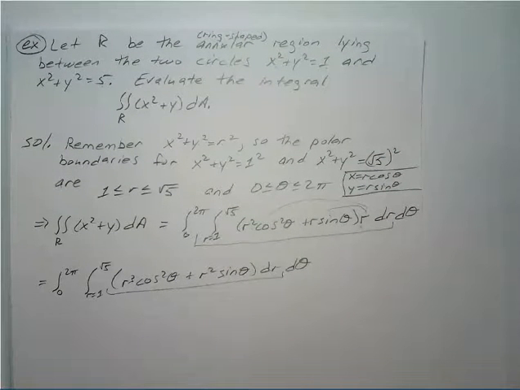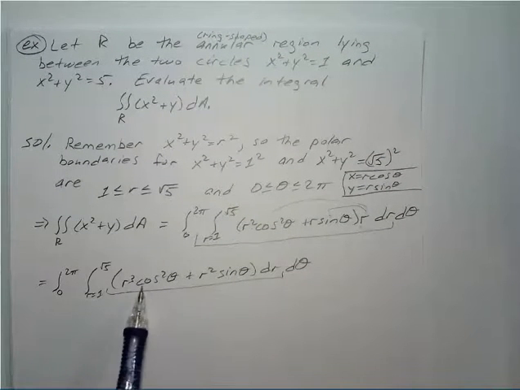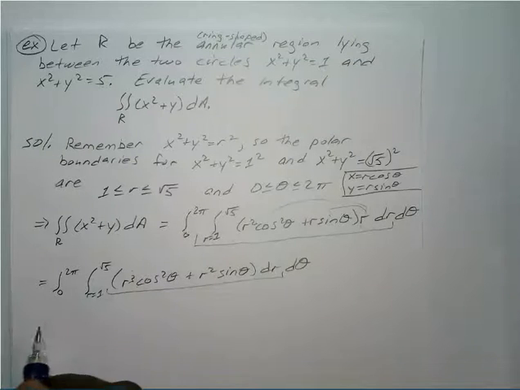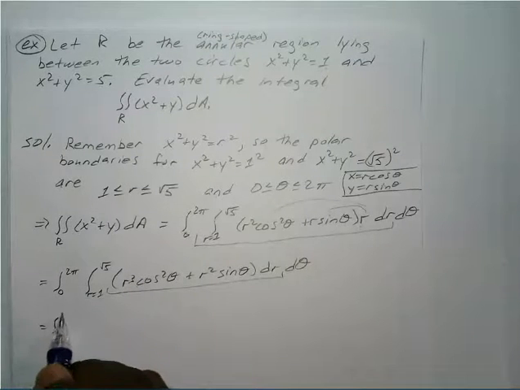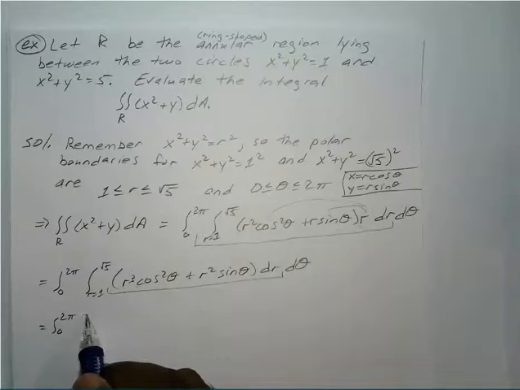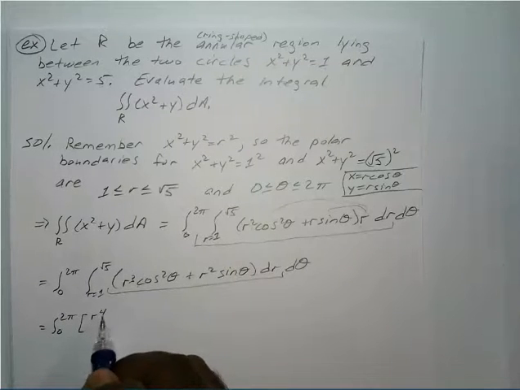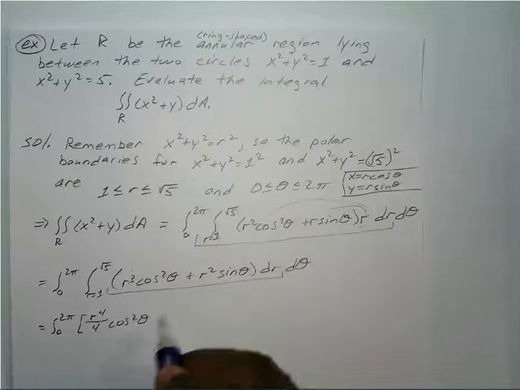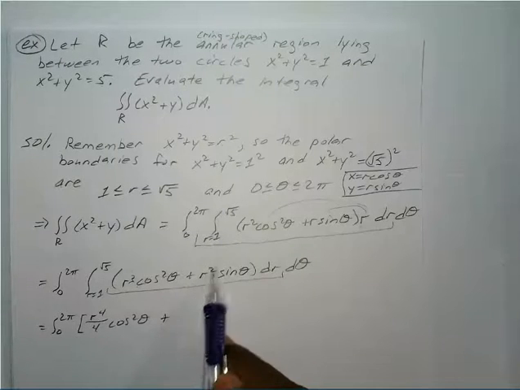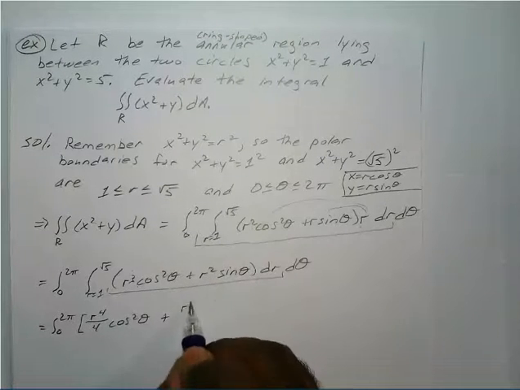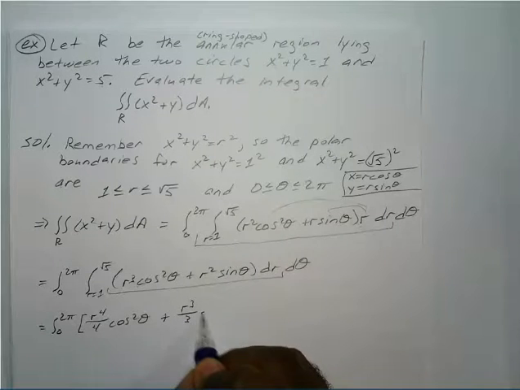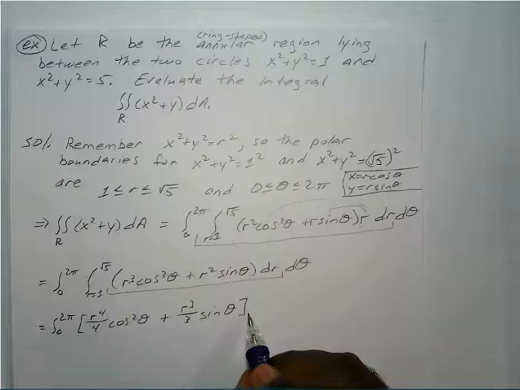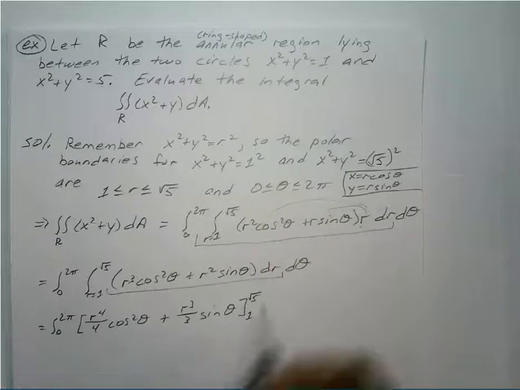Alright. If we go ahead and integrate this with respect to r, that's just r to the fourth over 4. That's the integral from 0 to 2 pi of r to the fourth over 4 cosine squared theta plus r to the third over 3 sine theta, and that is from 1 to square root of 5.